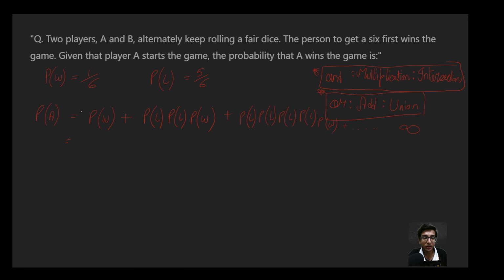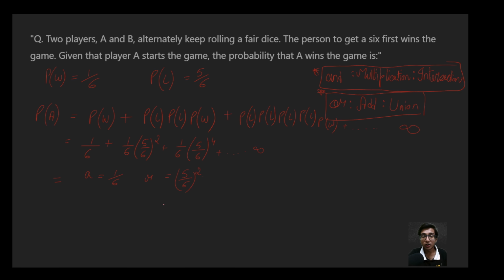So let me substitute the values. This becomes 1 by 6 plus 1 by 6 times 5 by 6 whole square plus 1 by 6 times 5 by 6 whole to the power 4, up till infinity. So this is nothing but a GP. Whenever we have to find the sum of a GP, we write A, our first term, which is 1 by 6 here, and our common ratio. Common ratio is what here? Common ratio is 5 by 6 whole square.